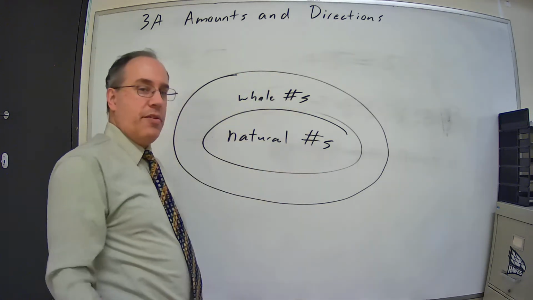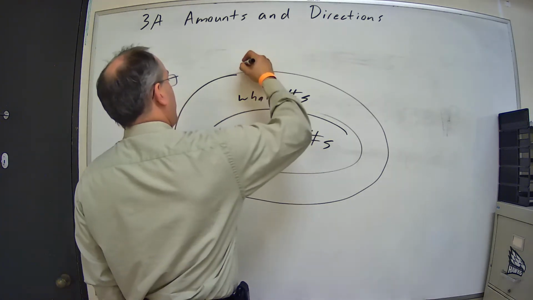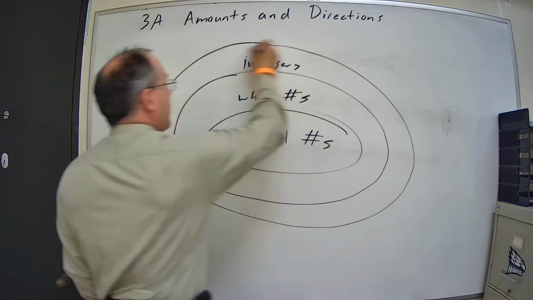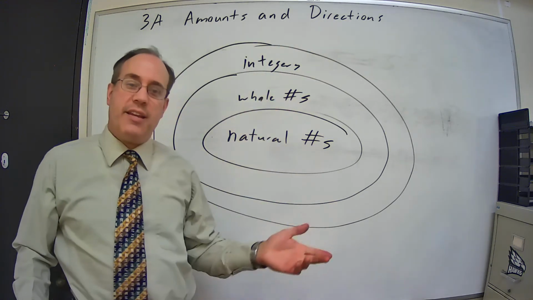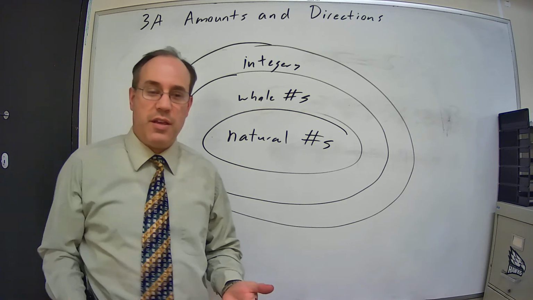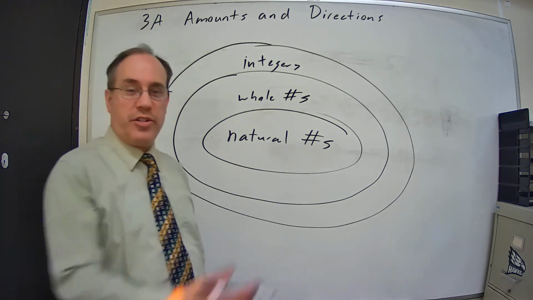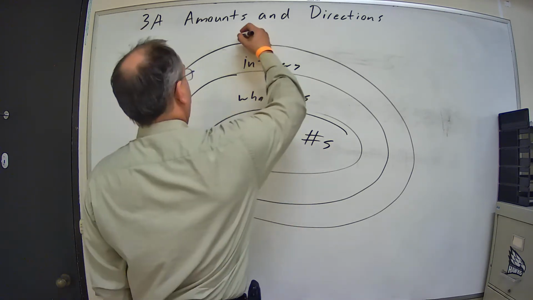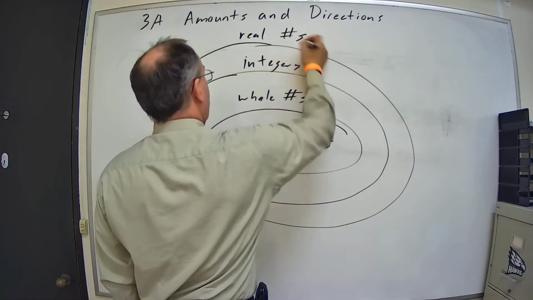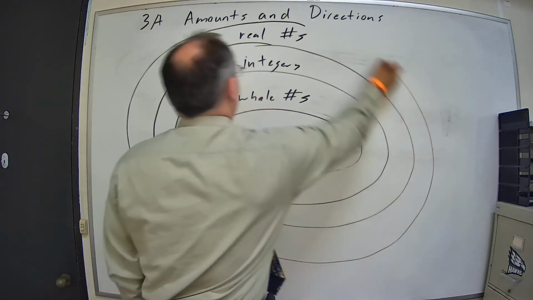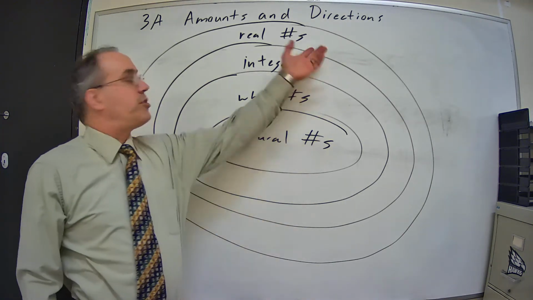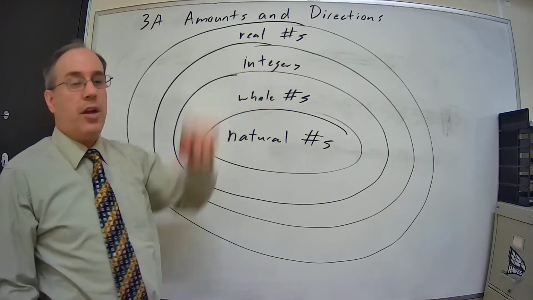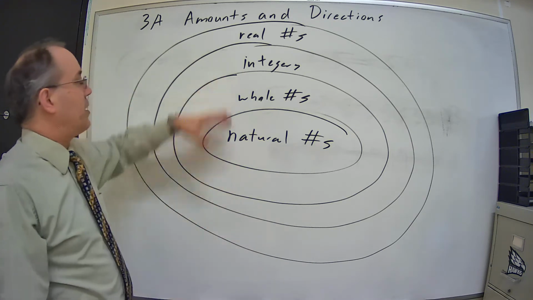If we add negatives to that, then we get integers, which are your positive and negative whole numbers. And then if we go beyond that and say, I don't want to just deal with integers, I want to deal with decimals, then we get to real numbers, which are your positive and negative decimals. So going beyond integers, but all the way to real numbers. So that's our grouping there.